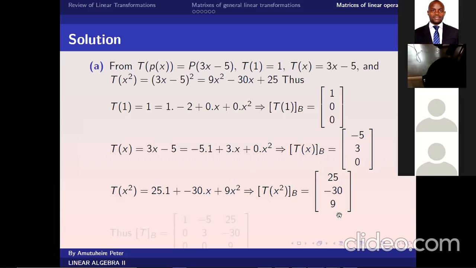So it returns this, and then we get this as the matrix of the transformation.